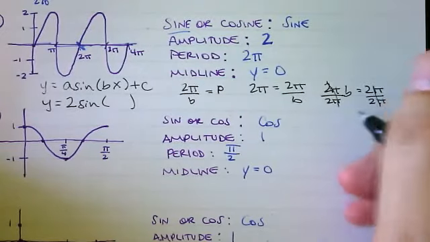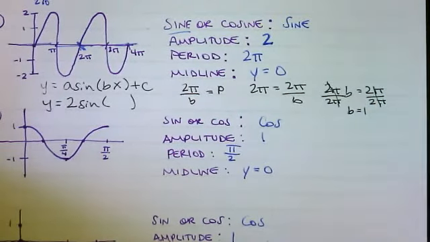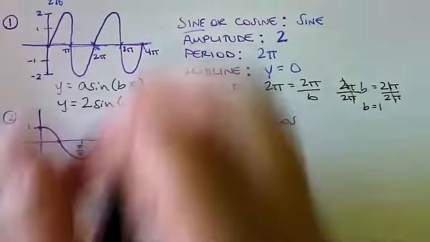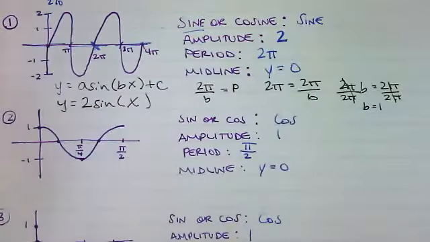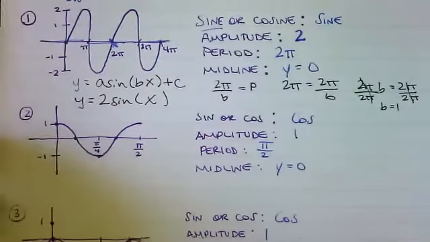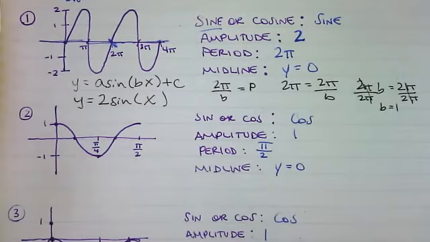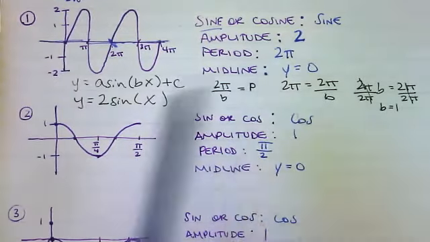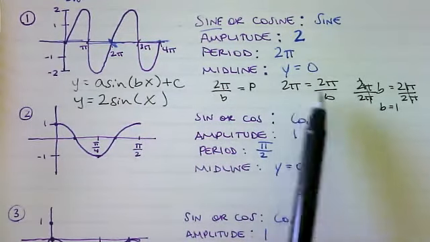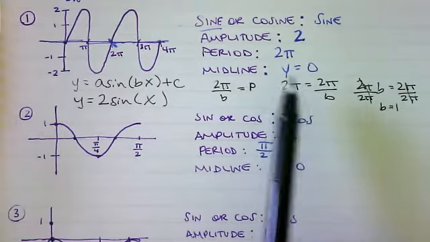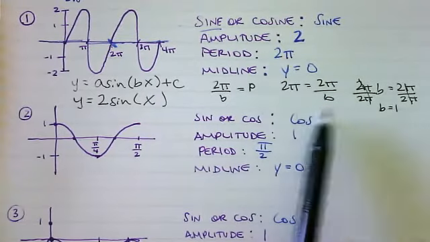So remember, anytime something cancels, it's equal to 1. So my B equals 1 here, so it's just 2 sine of x. There's my answer. Again, the only thing that you really have to do any math for is finding the B value from the period. So we're kind of going opposite of what we did yesterday. I have the period, but I'm trying to find B here.